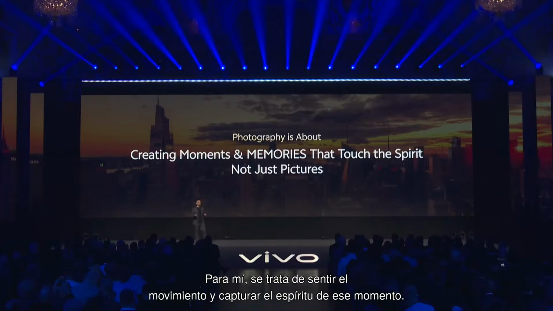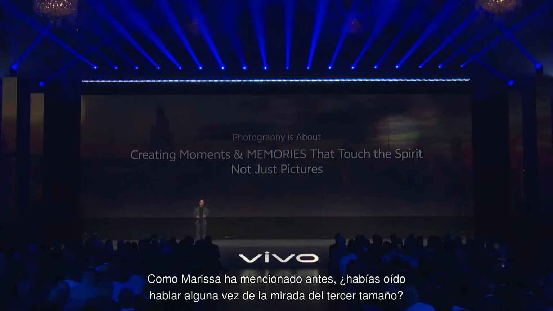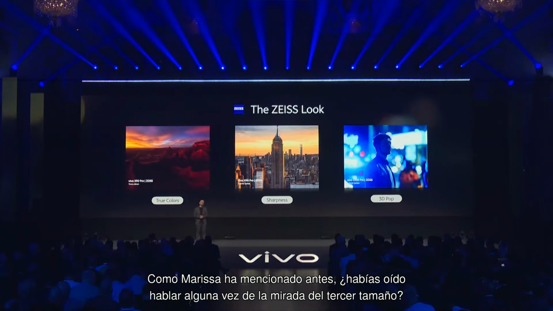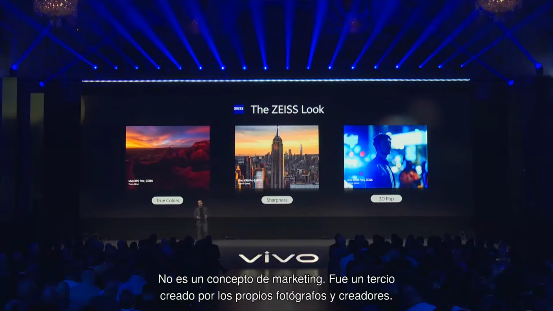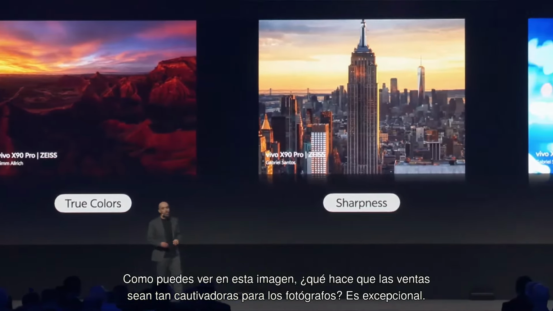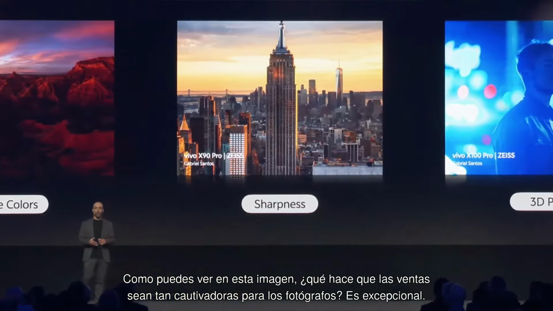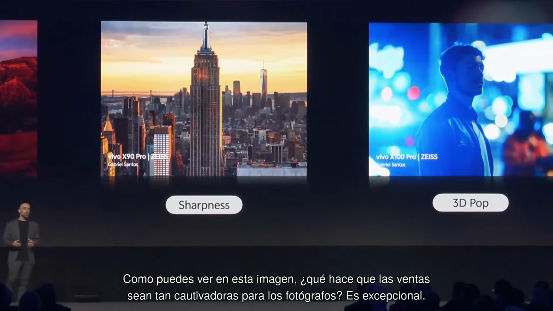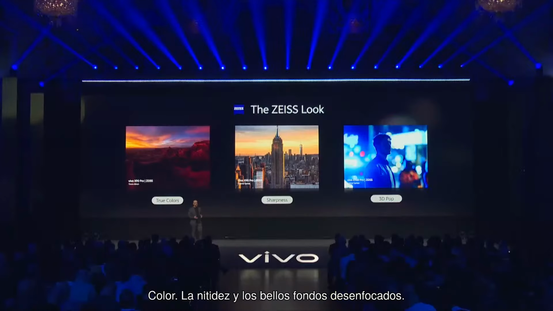For me, it's about feeling the emotion and capturing the spirit of that moment. As Marisa mentioned earlier, have you ever heard of the term Zeiss look before? It's not a marketing concept. It was a term created by photographers and creators themselves. As you can see in this image, what makes Zeiss so captivating for photographers is its outstanding color, the sharpness, and the beautiful blurred backgrounds.